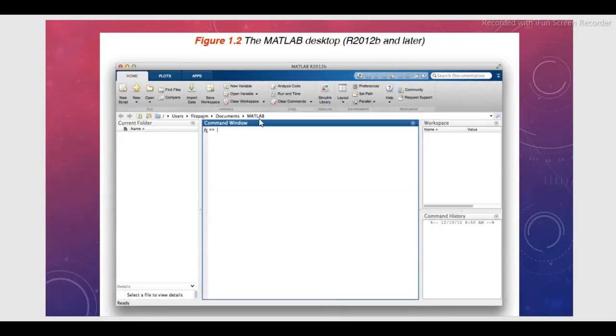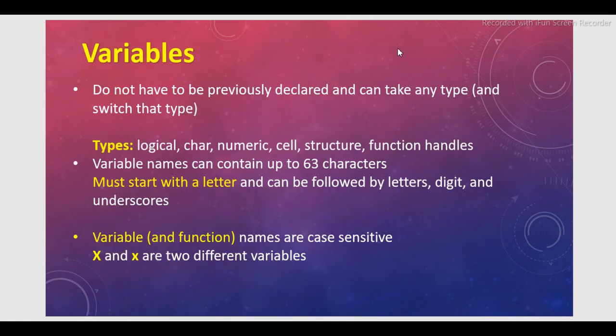Anyway, we will see our next term, that is variables. Variables do not have to be previously declared and can take any type, which is logical, character, numeric, cell, structure, function handles. Next, variable names can contain up to 63 characters.